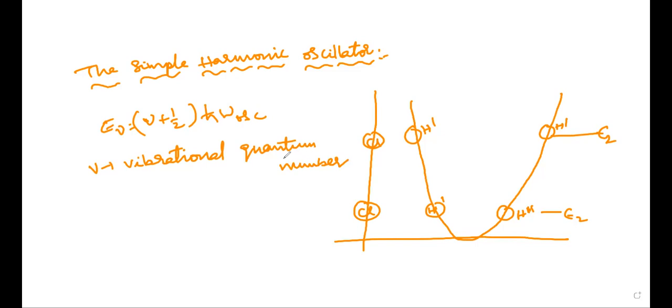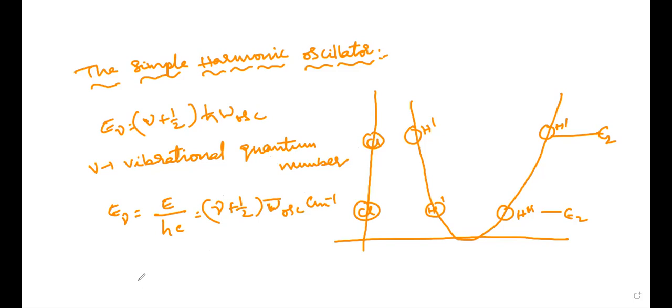Converting this to spectroscopic units, that is centimeter inverse, E nu is equal to E by hc, that is nu plus 1 by 2 omega bar oscillation centimeters, as only these energies are allowed to the simple harmonic vibrator.